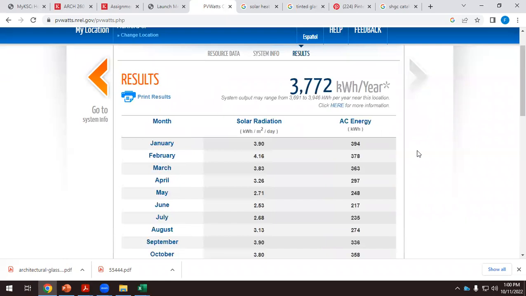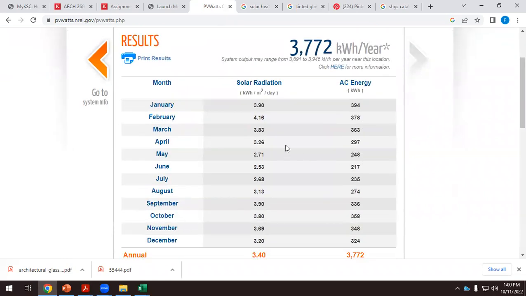So let's go here. And here we have three columns: the month, the solar radiation, and the AC energy. AC energy is the energy that, if this were a PV panel, the PV panel would be delivering.